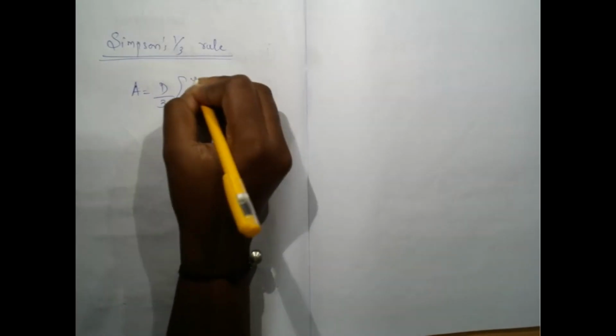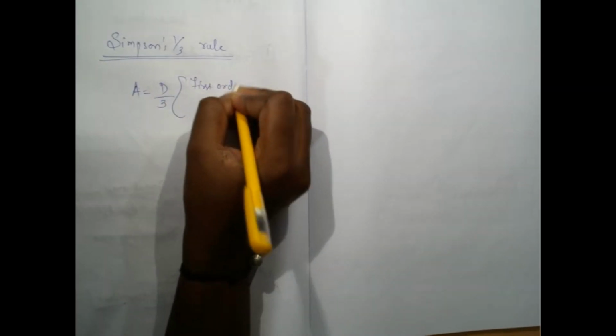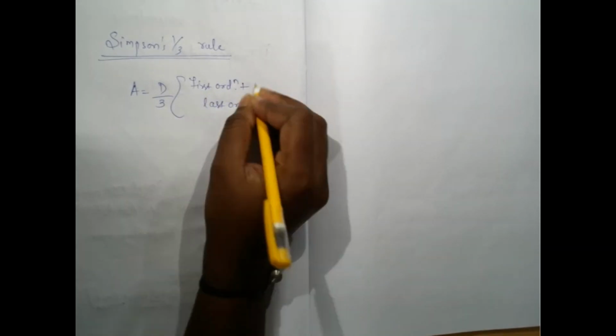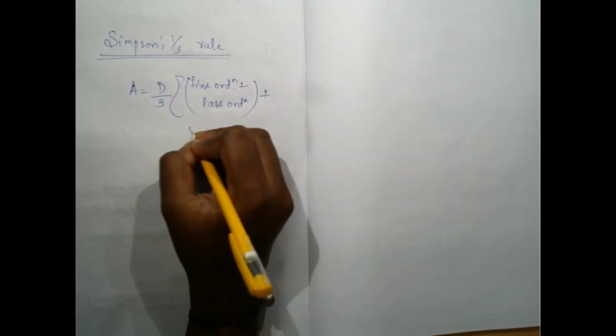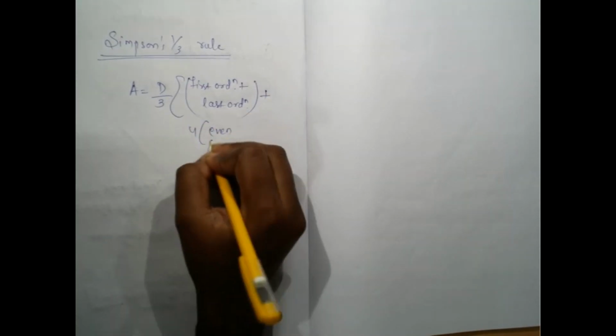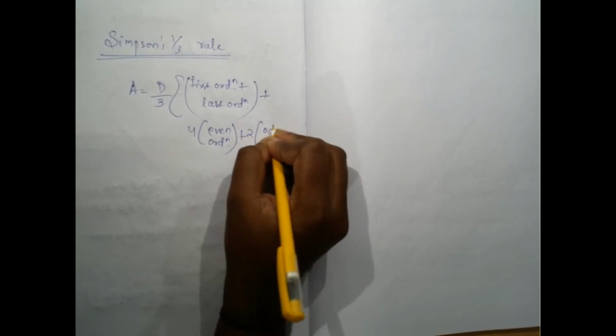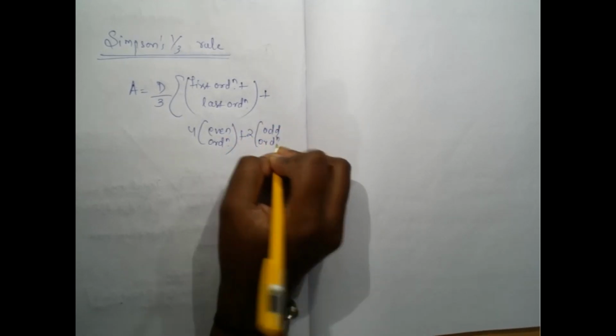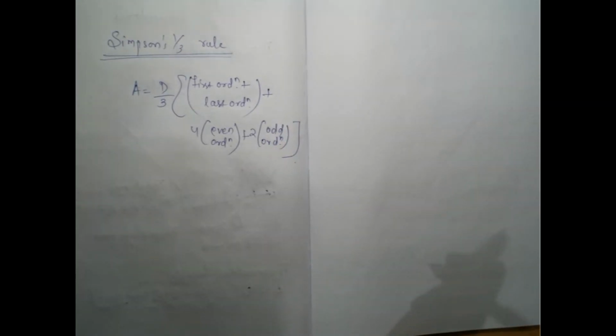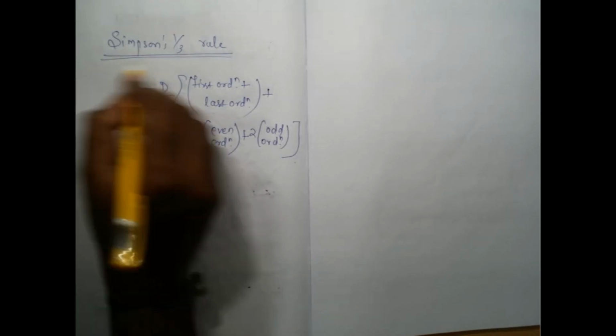According to it, if we have irregular boundaries, then the area will become D by 3 into the first ordinate plus last ordinate, plus 4 into even ordinates plus 2 into odd ordinates. This is the formula that we will get. So this is the Simpson formula.